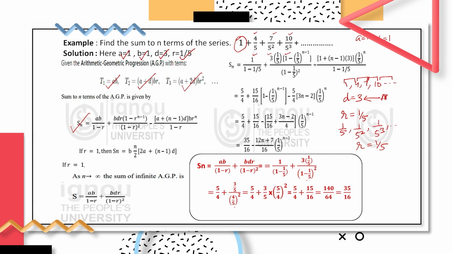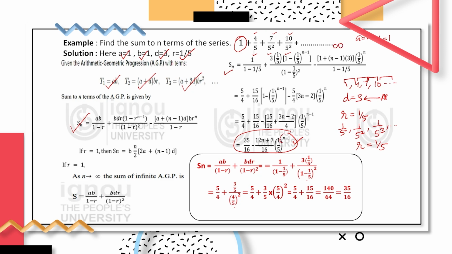Now, applying the formula of the sum of n terms, which is written over here, and solving it, you find that this finally turns out to be this value. One important observation is that in the given question, the progression is non-terminating, that means it is going to infinity.